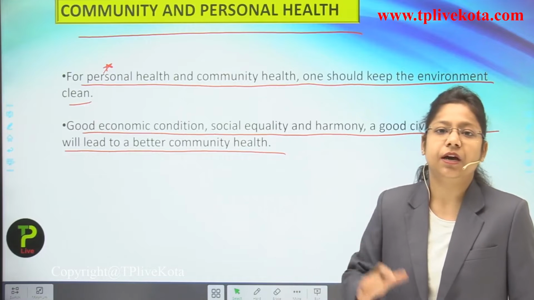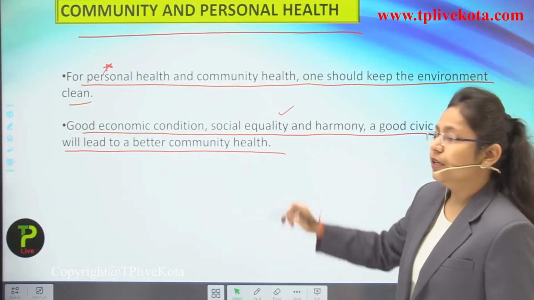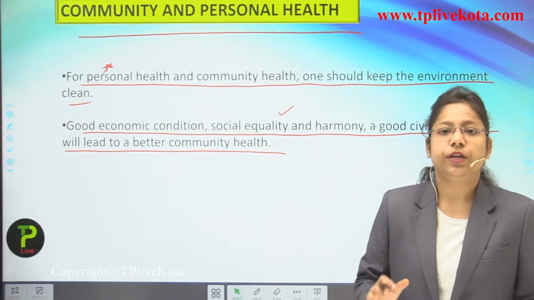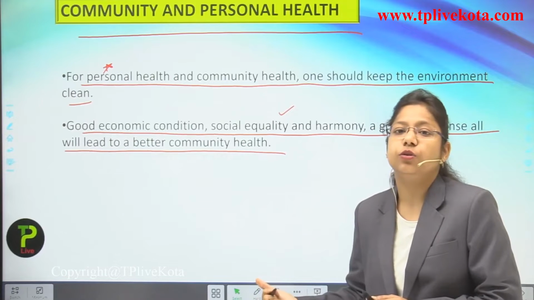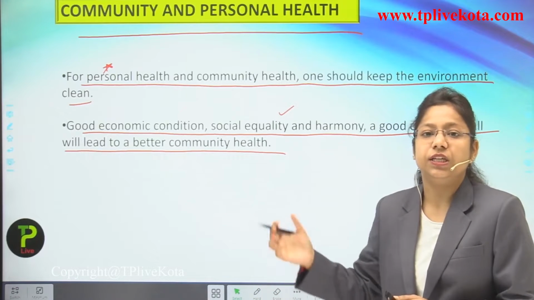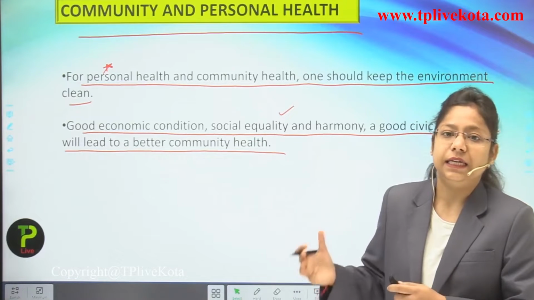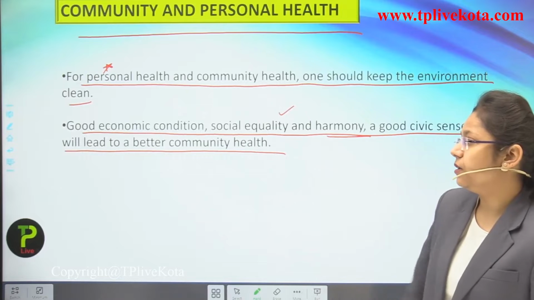They will not come into our homes and sit on our food. Next, social equality will be there. Social equality means, if a person is throwing garbage in the disposable bins, then the other person will also understand this and will also throw it in disposable bins. So we are making society learn about cleanliness. Next, harmony will be there, so it will lead to better community health.